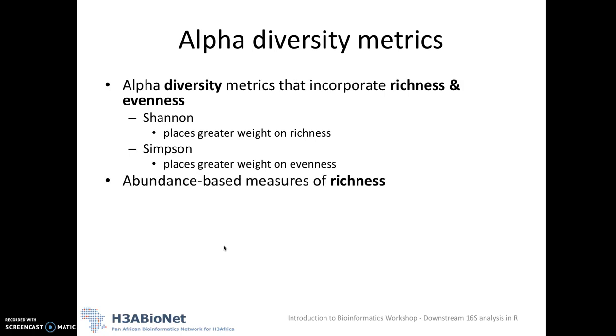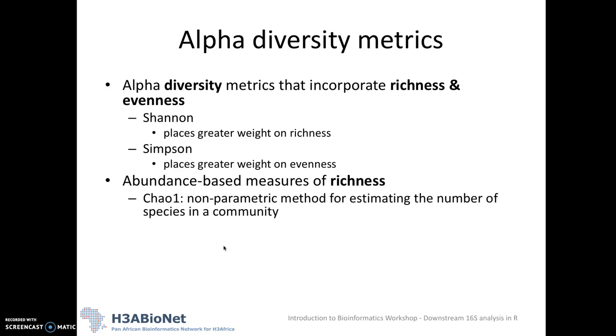And then we also get abundance-based measures of richness, which don't account for evenness, such as Chao1, and that's a non-parametric method used for estimating the number of species in a community. It uses singletons and doubletons to estimate the number of missing species in a community sample.